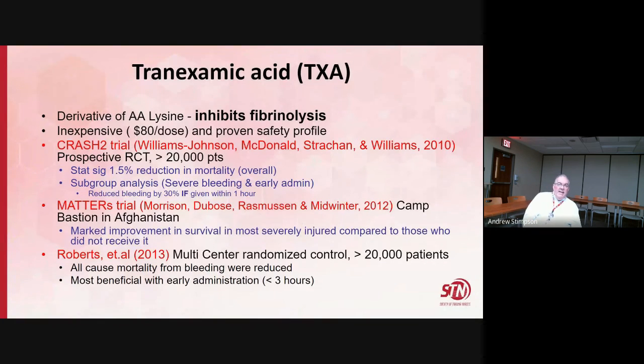What about TXA or tranexamic acid? It's less expensive, which I think was some of the draw to this, about $80 a dose. There were 2 early trials that looked at this, the CRASH trial and the MATTERS trial. Both in subgroup analysis showed an improvement if patients received it within 3 hours of injury.